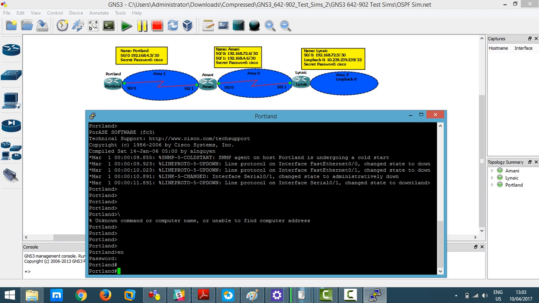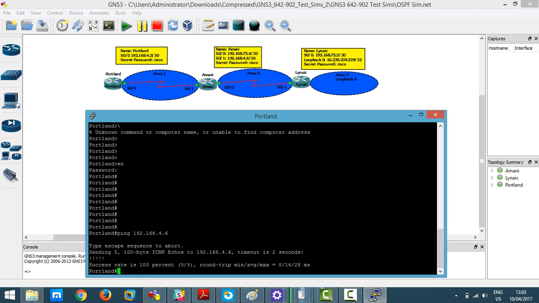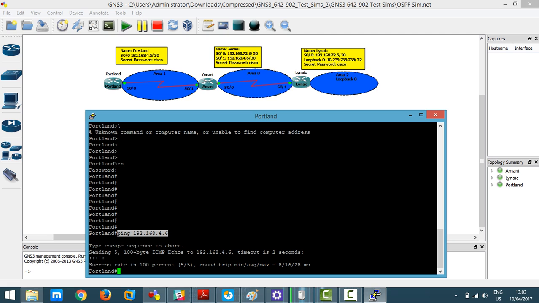And after that, I would just give a simple ping to this Amani router to check whether it is really working or not. Ping 192.168.4.6. Yeah, it's working. So we just have to advertise this network, this whole link here.